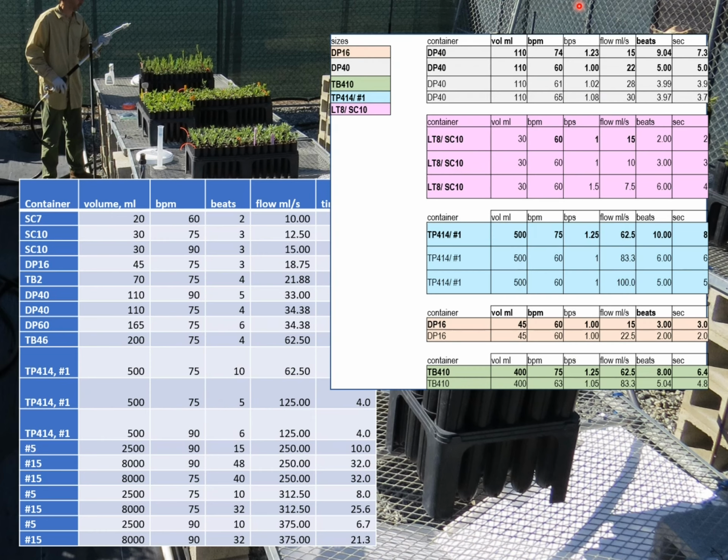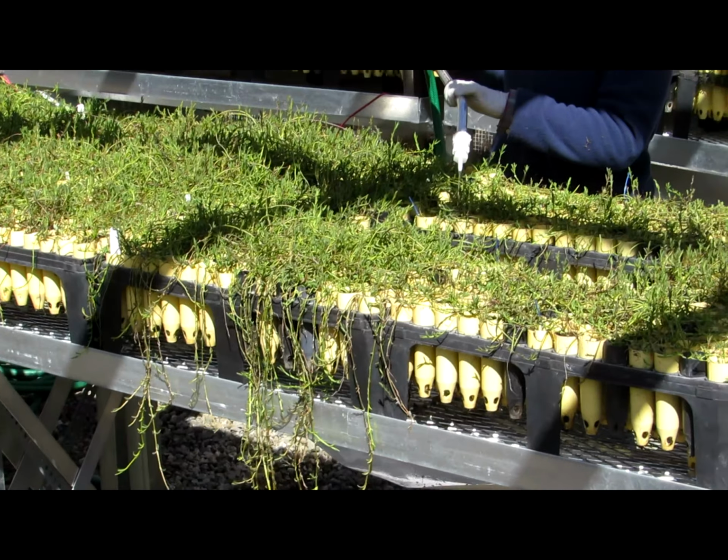For a given test, what we will then do is figure out what containers we are going to use and what would be some of the combinations of beats per minute it would take to get these volumes. So if we're doing some DV40s here, we can use different types of flow rates, vary a little bit here. But if we don't have much head space, we're going to have to stay with the lowest rates. If we have a little more head space or a faster draining container, then we can push it up a little bit higher.